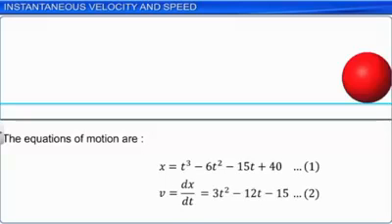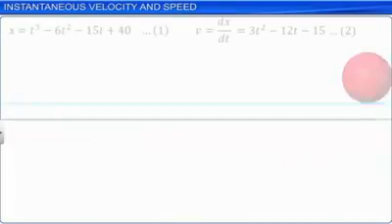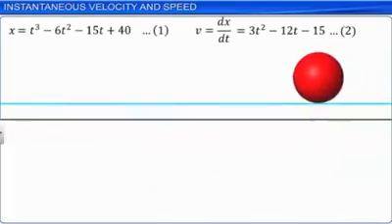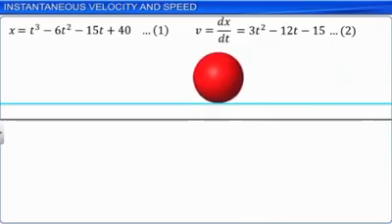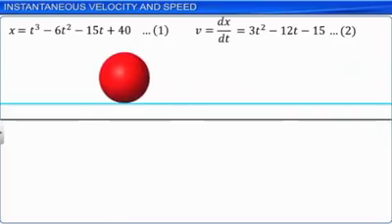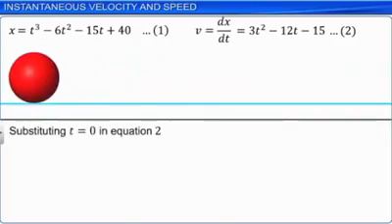Label these equations 1 and 2. At t is equal to 0 seconds, we need to find the value of v. Substituting t is equal to 0 in equation 2, v is equal to minus 15 meters per second. The particle here is moving towards the left.